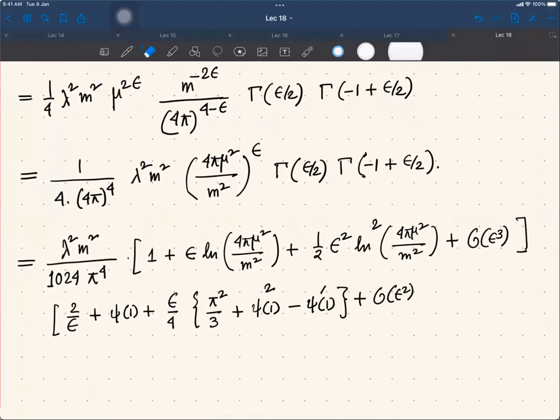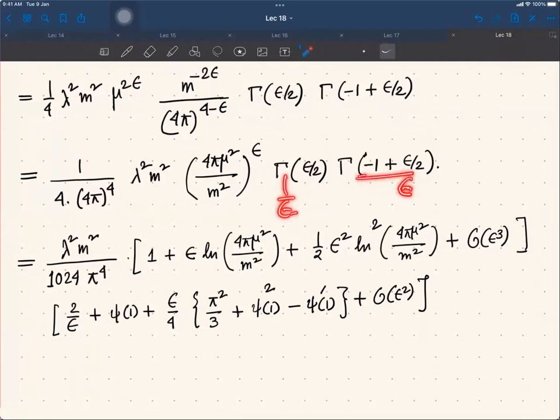Since each gamma is multiplied with another gamma, and this has a 1 over epsilon term, I should expand it up to order epsilon. Earlier, we did not have that. Earlier, we had only one source of 1 over epsilon. Now we have two sources of 1 over epsilon. So each of them will have to be expanded up to order epsilon, because 1 over epsilon in this will be multiplied with epsilon to give an order 1 term.